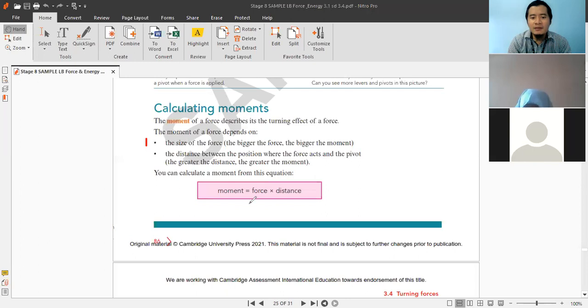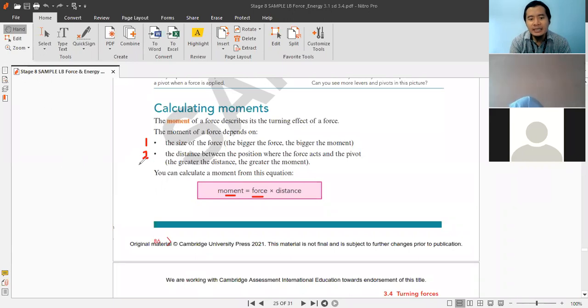Second, the moment of the force depends on the distance between the position where the force acts and the pivot. Jadi jarak antara titik tumpu dengan titik di mana kita memberikan aksi.